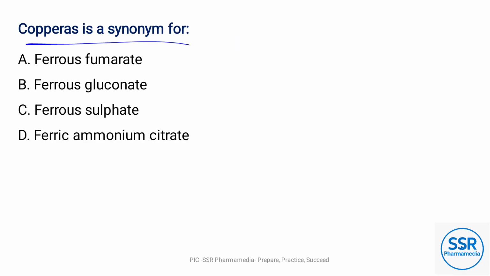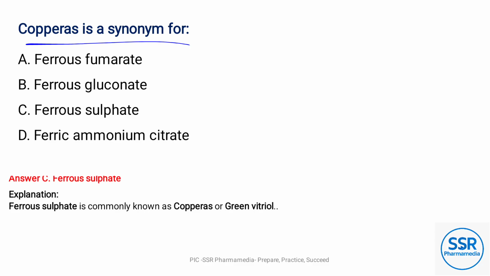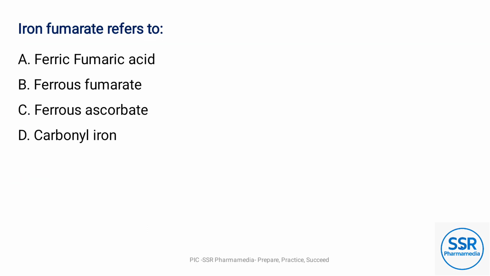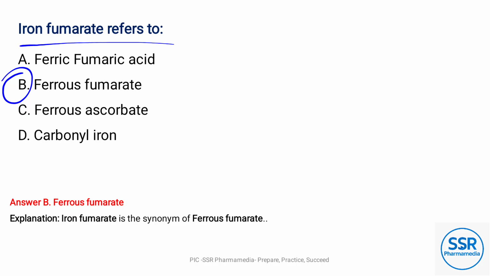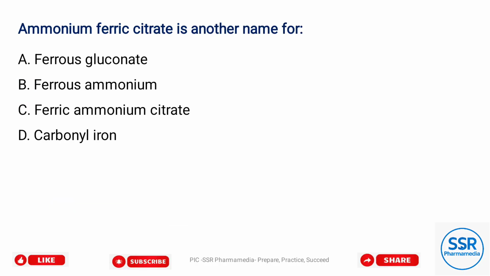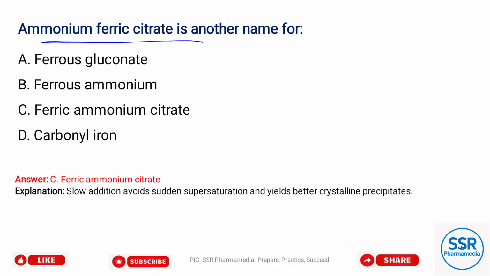Copperas is a synonym for option C, ferrous sulfate. So copperas is green vitriol, and ferrous sulfate is commonly known as copperas or green vitriol. Iron fumarate refers to, so option B, ferrous fumarate. Ammonium ferric citrate is another name for, so option C, ferric ammonium citrate.